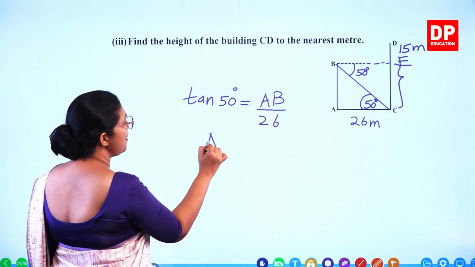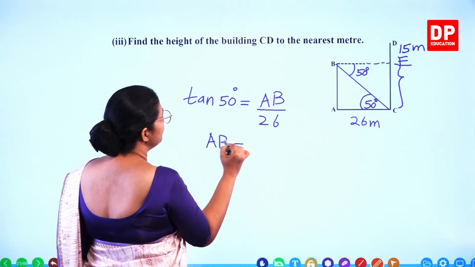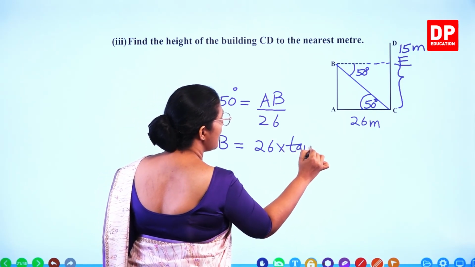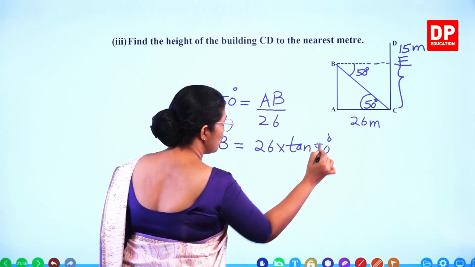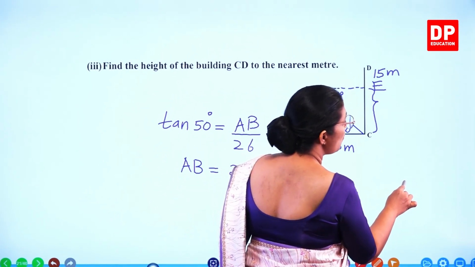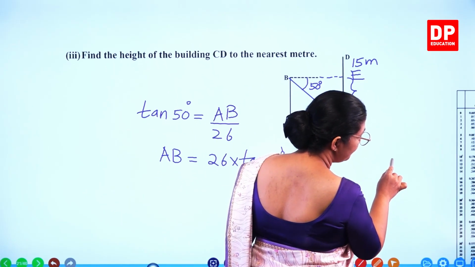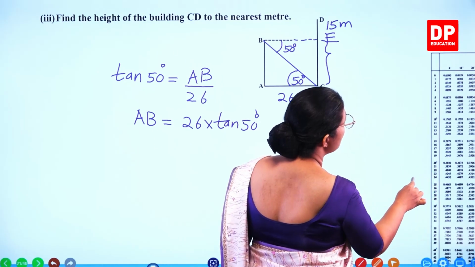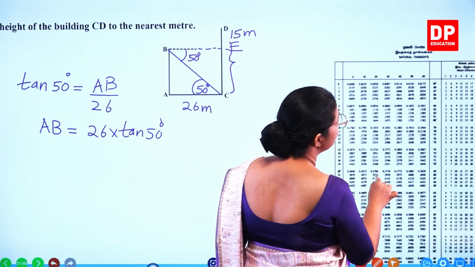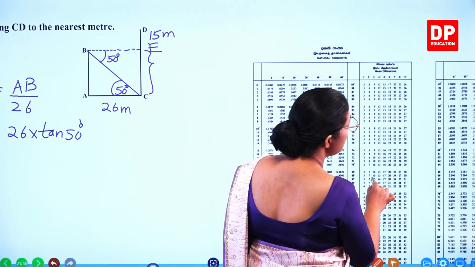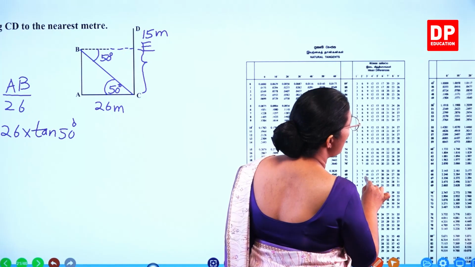Now again, what is AB? 26 times the tan 50 value. Again, you have to refer to the tangent tables and get the tan 50 value. So what is tan 50 value? Tan 50 is from the second table. Tan 50 is 1.1918.